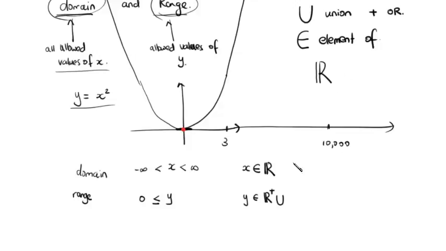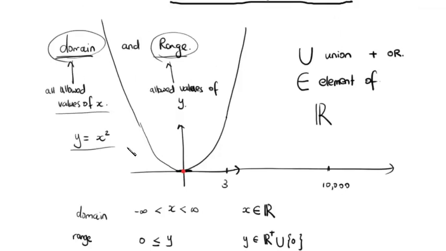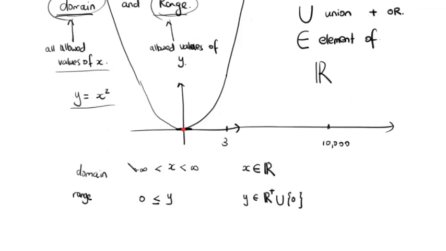We put a curly bracket here and we put 0 there. What that means is the allowed values for y are all the positive real numbers, including 0.000001, union, and we also include 0. So that's how you write the range. That's the domain and range for this function right here.